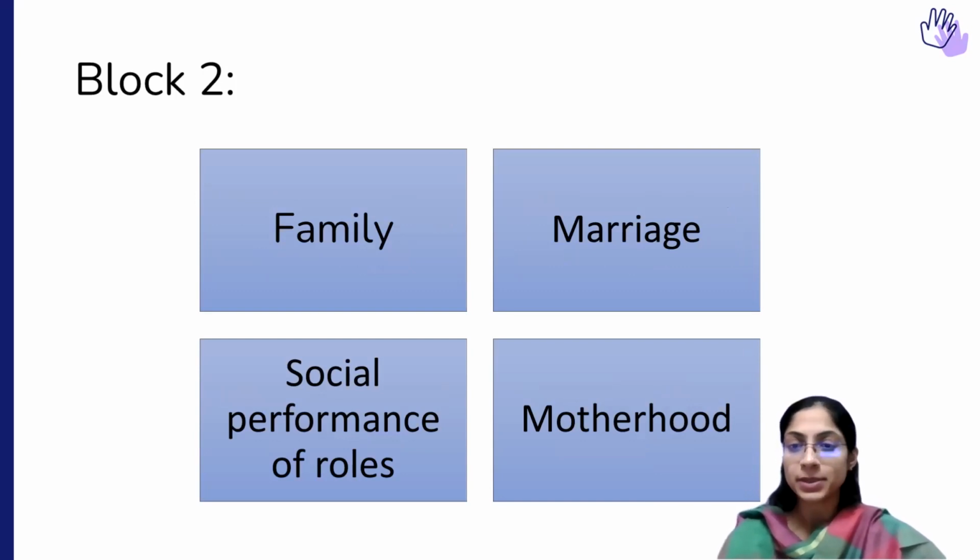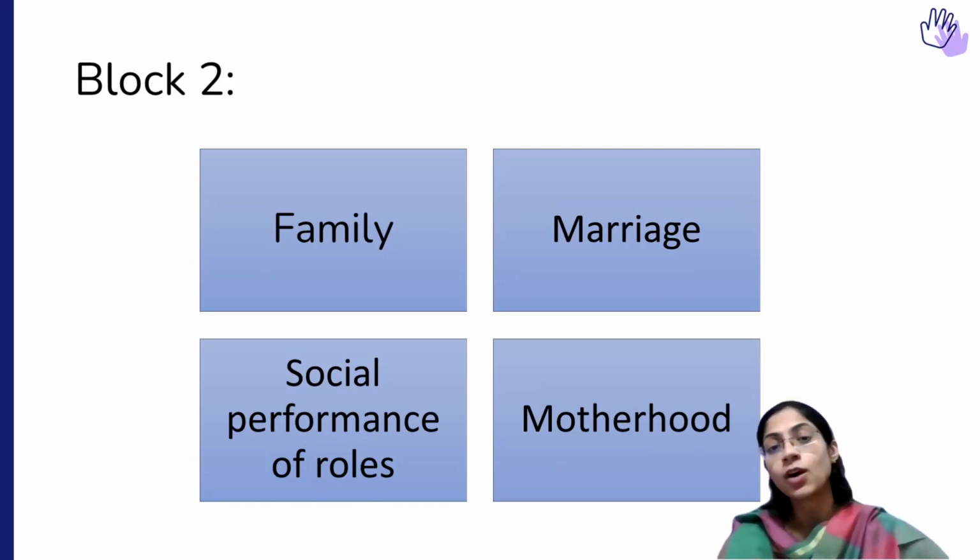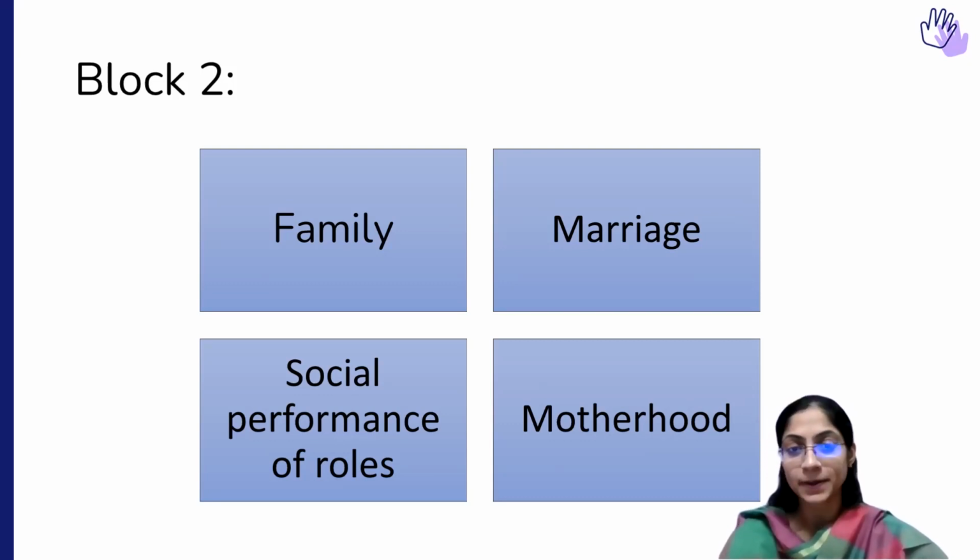So in a family, you will see the roles played by men, their responsibilities, the roles played by women, their responsibilities, how marriages are carried out on these roles, and how socially we know the roles and expectations of a male or masculine gender, and the expectations and roles of a feminine gender.